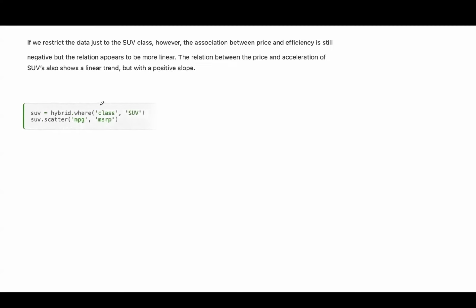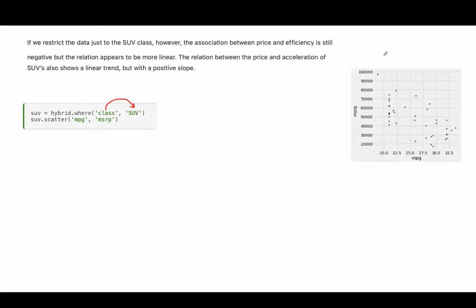So let's just take a look at the class of SUVs and take a look at the scatter plot of MPG and MSRP. Basically, what we see here is different from what we had before. Now we are just restricting ourselves to a specific class of SUVs. So even though we have a lot of noise, we can still recognize a linear pattern.